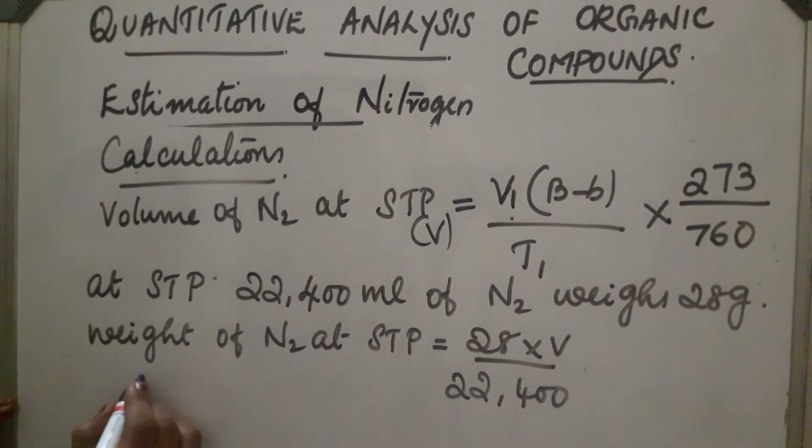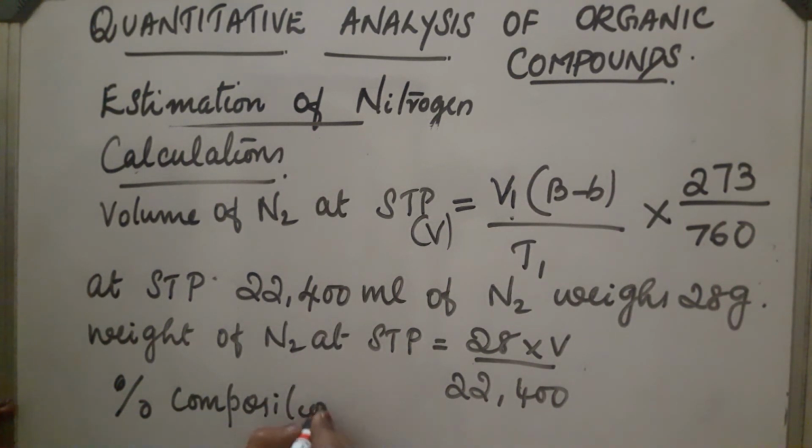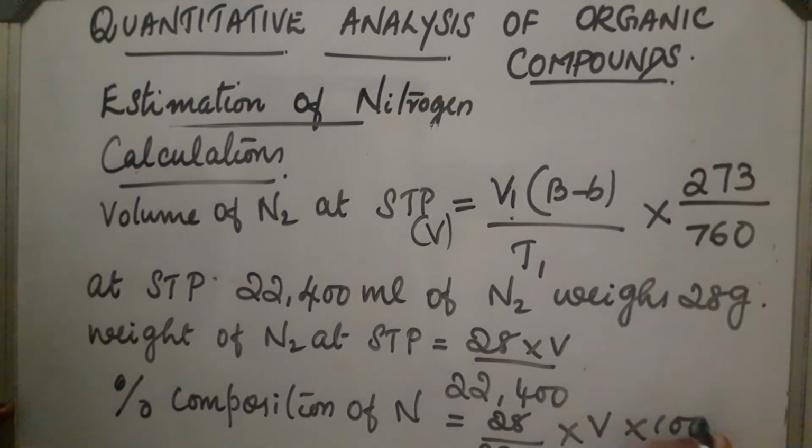Now we can calculate the percentage composition of nitrogen. Percentage composition of nitrogen will be equal to 28 by 22,400 into V into 100 by the weight of the organic substance W, which is the known weight of the organic compound we already took.